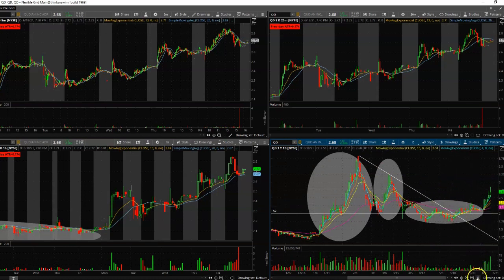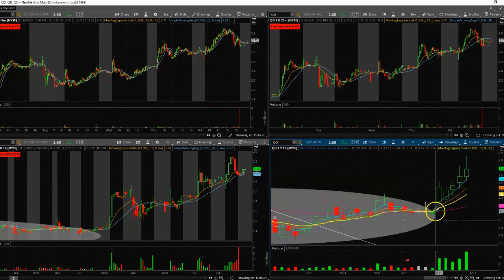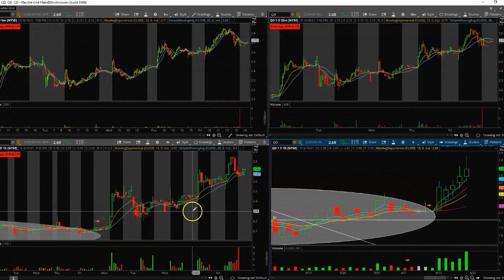We need two things. One, we need that reclaim of the 13 EMA, and a volume increase. If we look down here, this huge shot of volume on this day really signified, okay, we're looking like we're about to get going higher. On this day with the extreme volume, we broke out above that 13 EMA on all time frames.